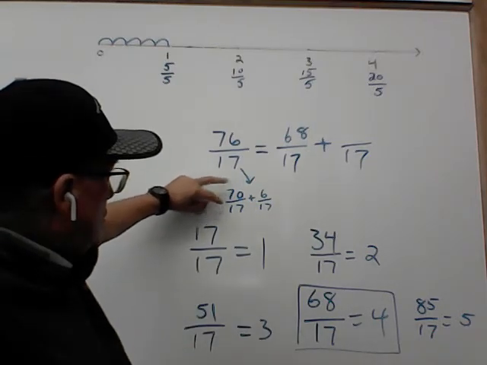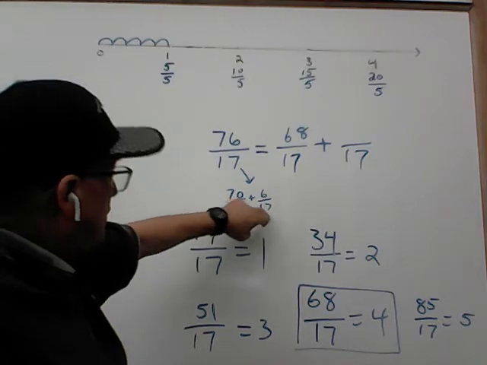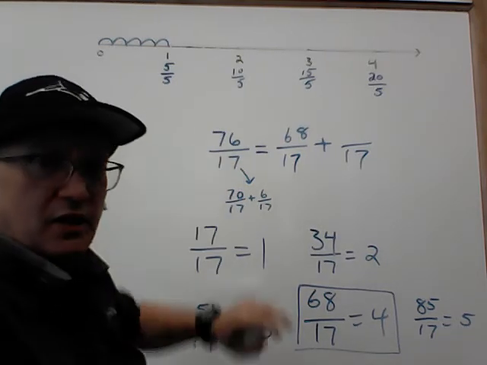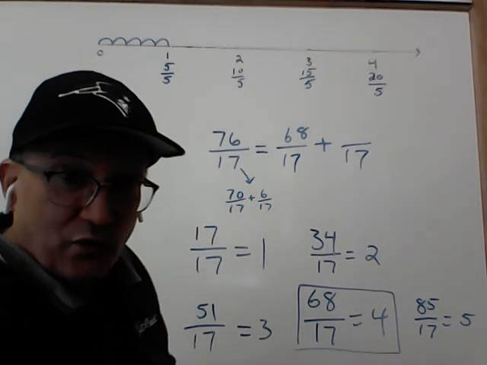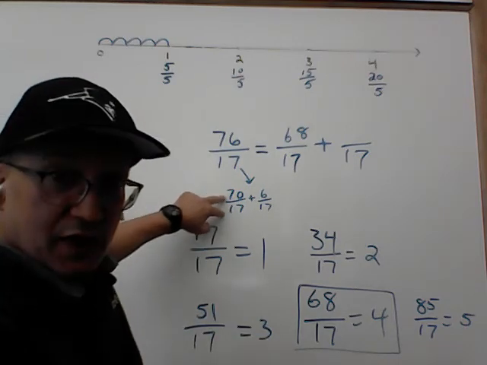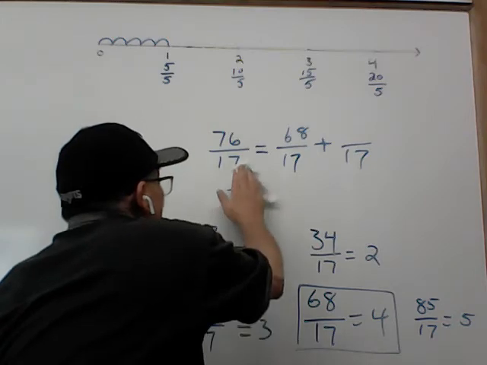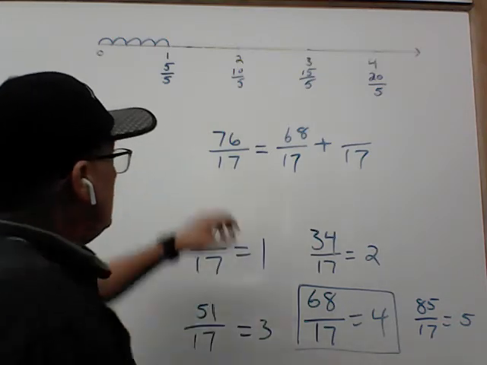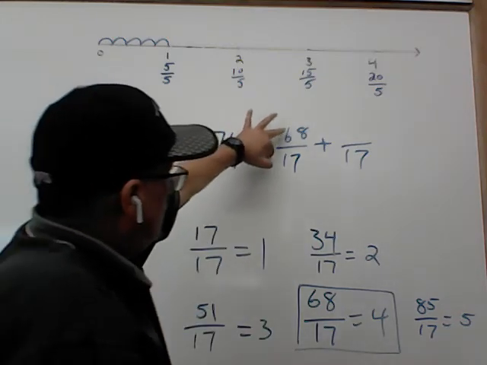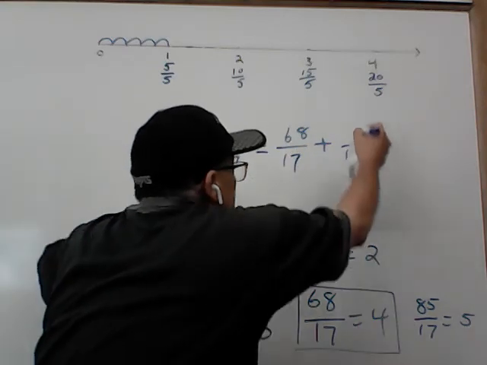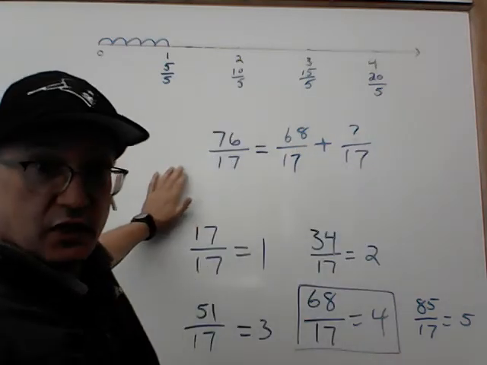Now that's certainly true. 70/17 plus 6/17 is 76/17. It's true, but it's not helpful. Because 70/17 is not a whole number, but 68/17 is. Right? So back to this question. It's pretty easy. 76/17 is 68/17 plus how many more? And isn't it 8?